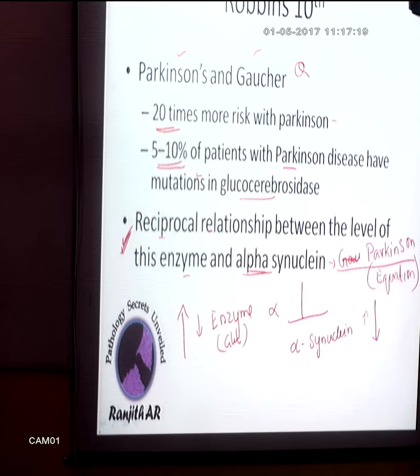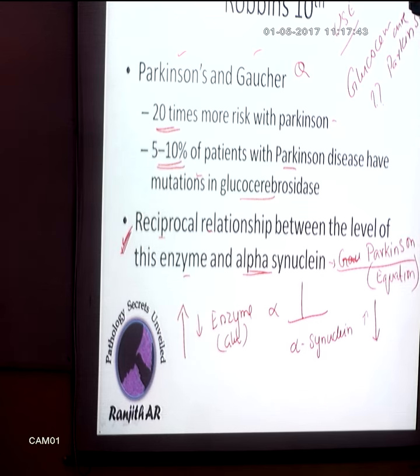So what is the use? Come on, what is the use? The use here is, if I use the glucocerebrosidase enzyme, can I cure Parkinson's? That is the use, and that is the trial going on. Great, right?